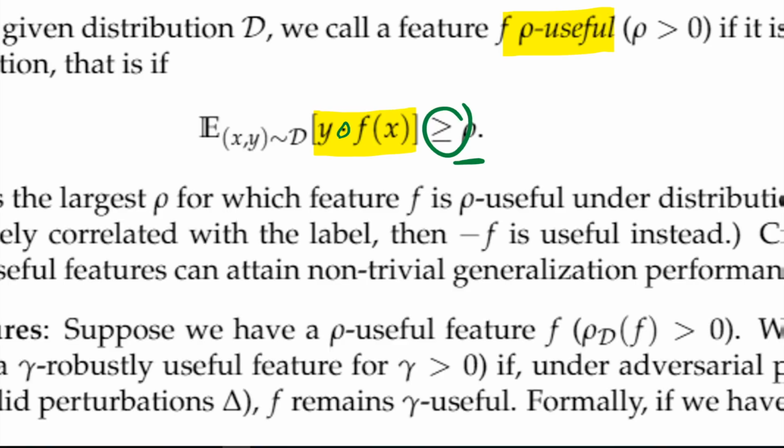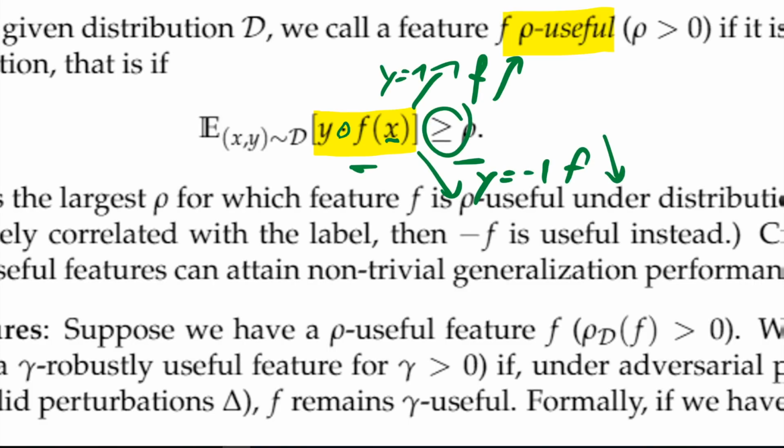So basically, this says a feature f is useful if whenever an example x is of class 1, if y is plus 1, then f is high. And whenever y is minus 1, then f is low, which means it's high in the negative direction.